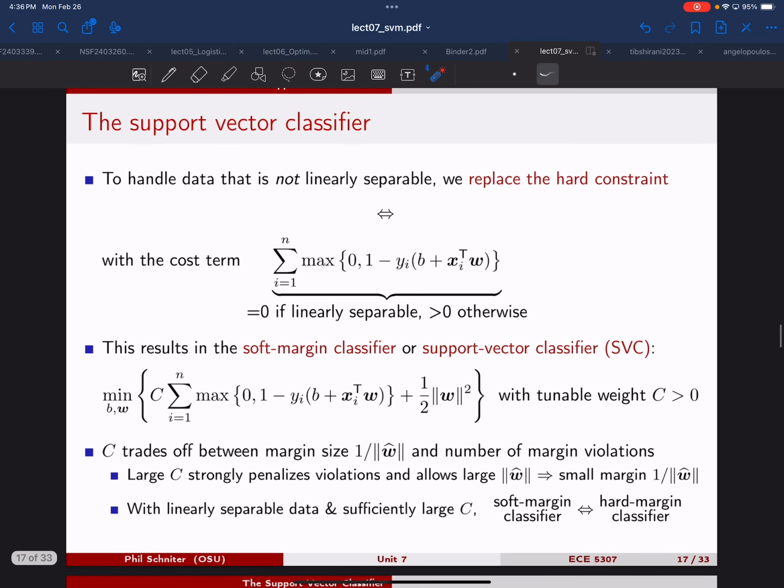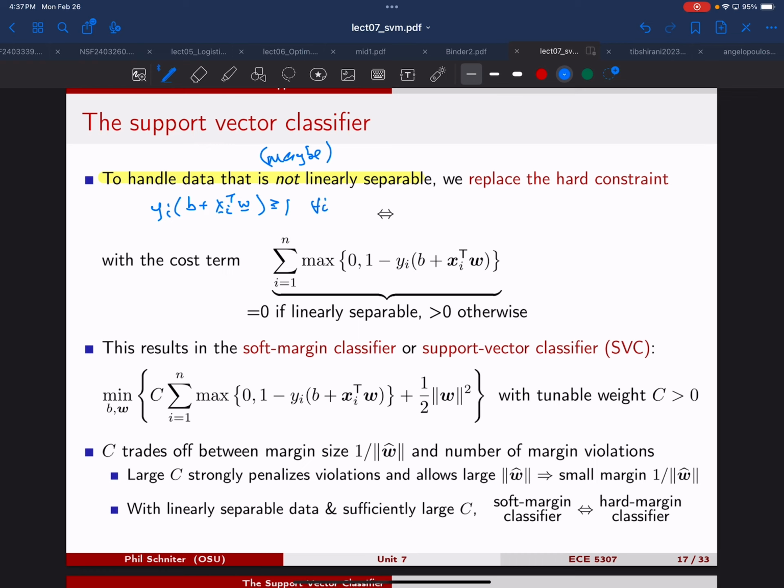All right, so this is now what we do to handle data that is maybe not linearly separable. It could be, but generally speaking, in practice, it's not going to be. What we do is we take our linear separability constraint. So I'll just remind you what that is. The way we have been writing it, it's yi times (b plus xi transpose w) greater or equal to 1 for all i.